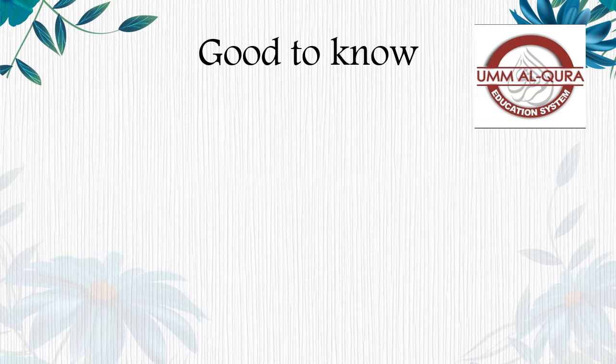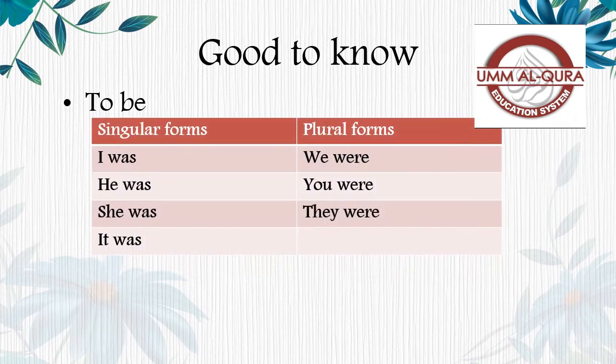Here are a few things which are good to know when we are learning about past continuous tense. Helping verb: which helping verb will be used for singulars and which for plurals? We will use was for singular forms and were for plural forms.